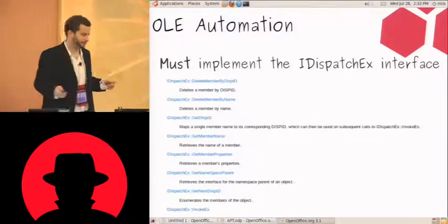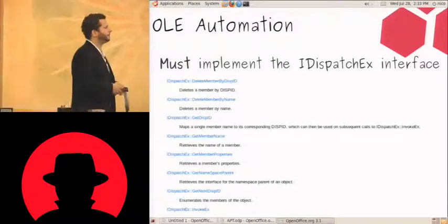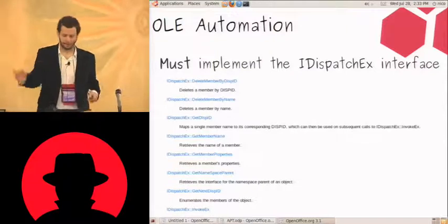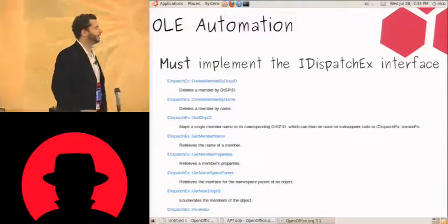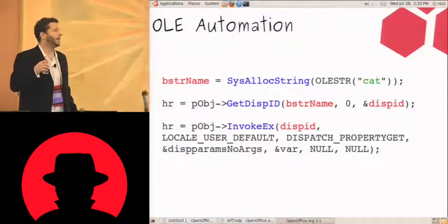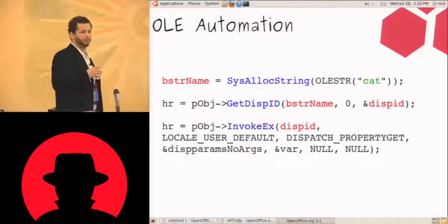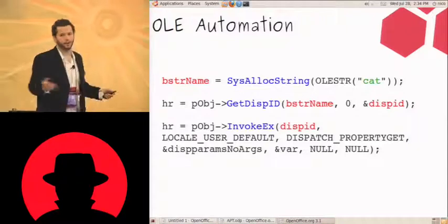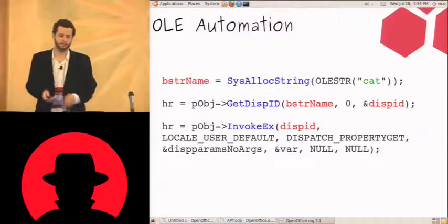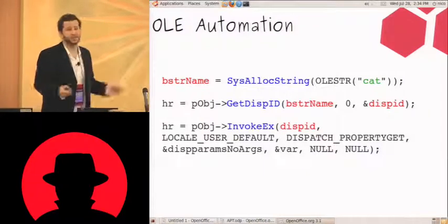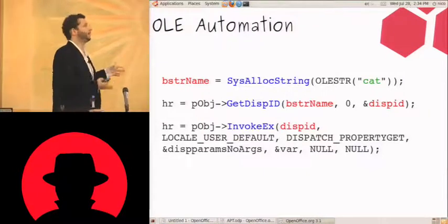That's how it works. And then you have other things that we might see later a little bit, like GetNextDispID and stuff like that, but it's more related to interpreted languages. So this is how it works underneath in JavaScript and stuff like that. Even if you want to implement your own usage of all the automation in your program, you call it that way.